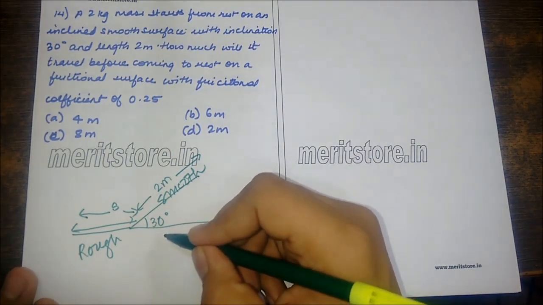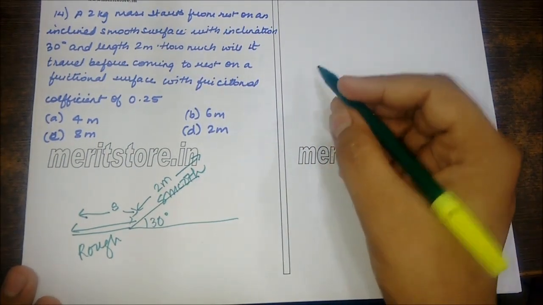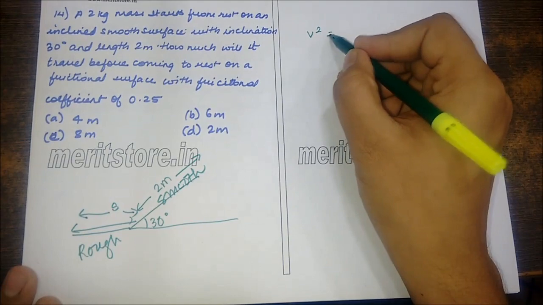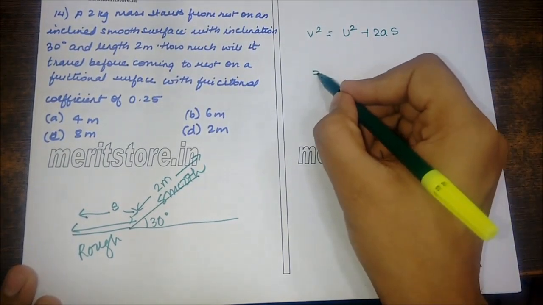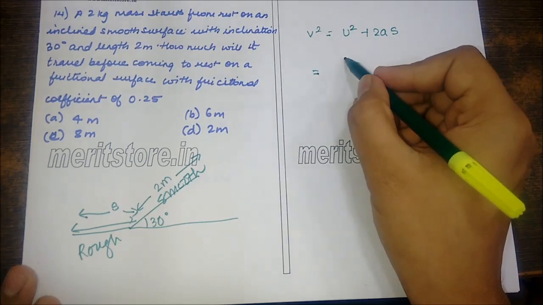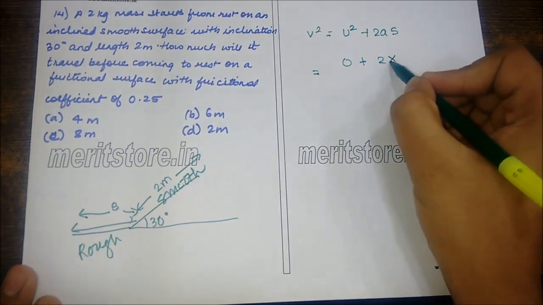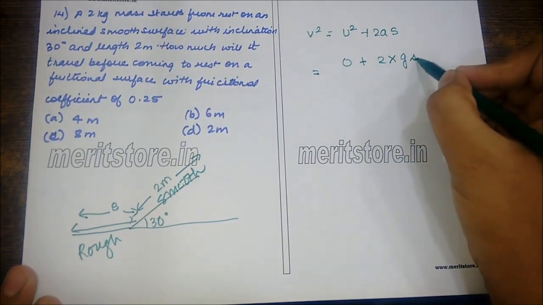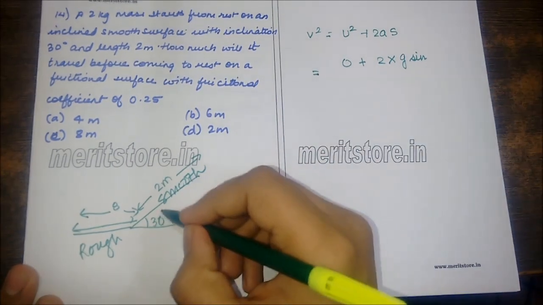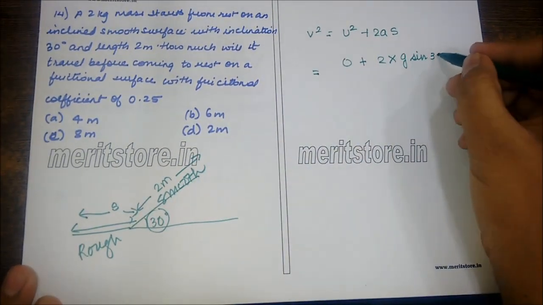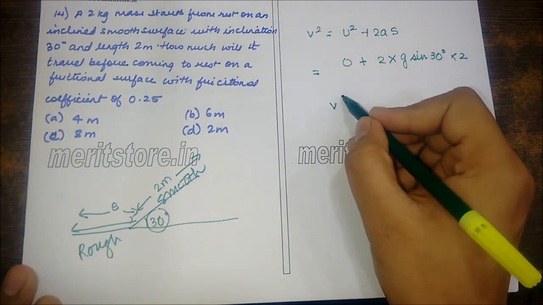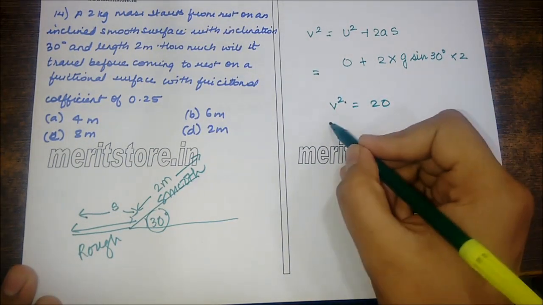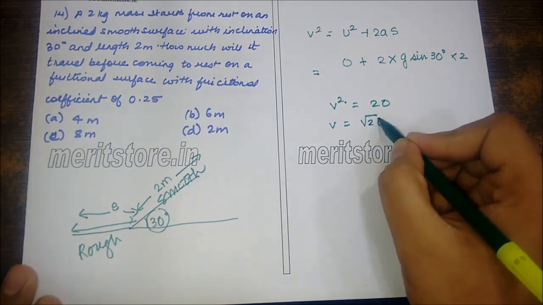Angle is 30 degree. So now we know v square is equal to u square plus 2as. The initial velocity is 0, plus 2 into g sine of the angle, 30 degree, into 2. v square is equal to 20. v can be written as root of 20.